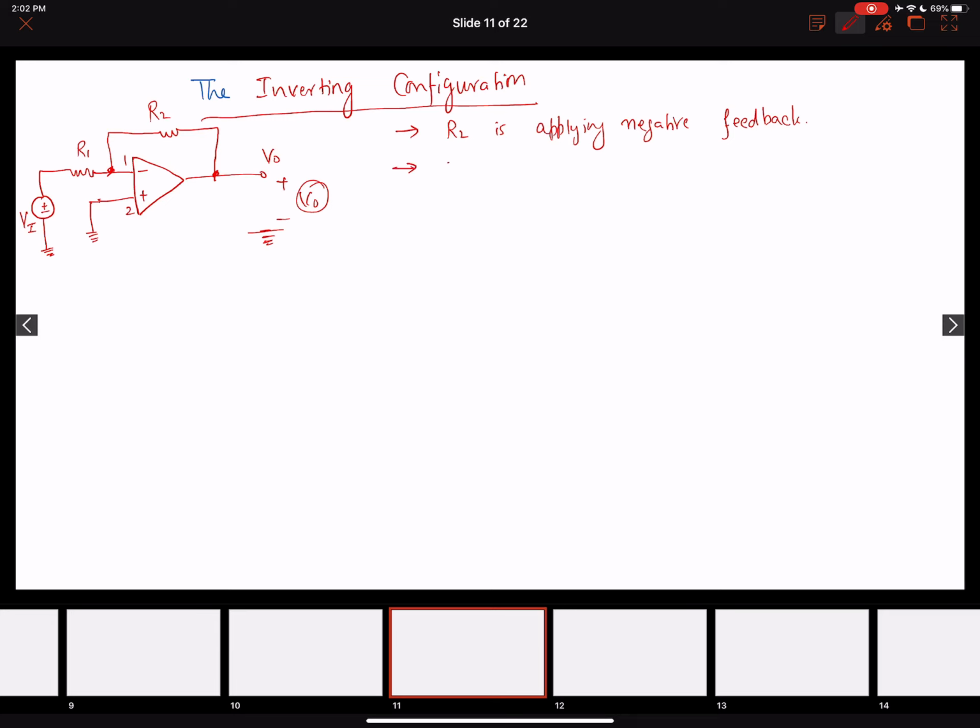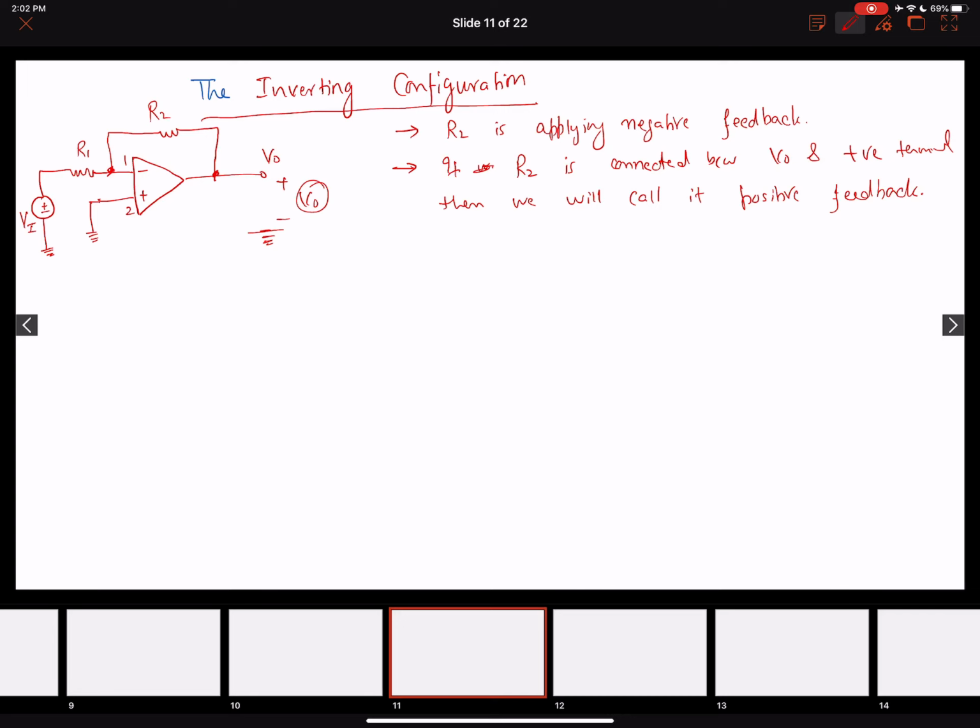So let's suppose that if R2 is connected between V naught and the positive terminal, then we will call it positive feedback, right? So we are calling it negative feedback because it's a resistor that is connecting the output voltage terminal to the inverting terminal.